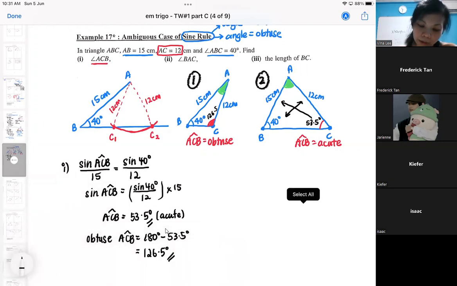For part 2, there will be two possible answers. You can do your own angle sum of triangle. If you do your own angle sum of triangle, you actually get a different answer for part 2 as well. It only happens for sine rule.